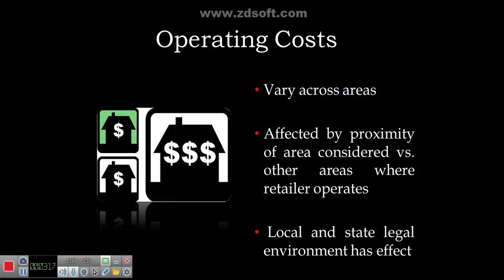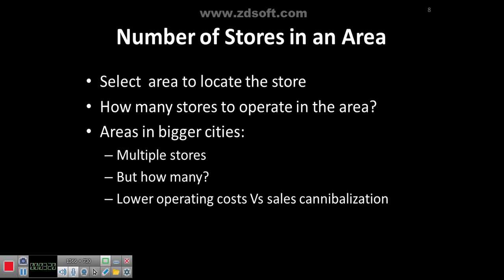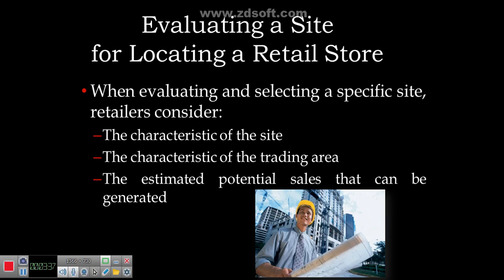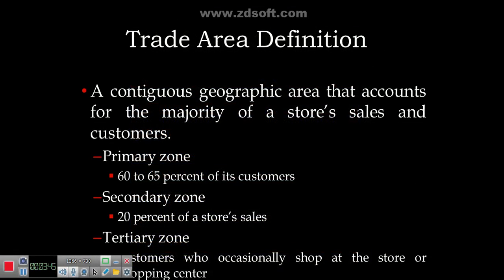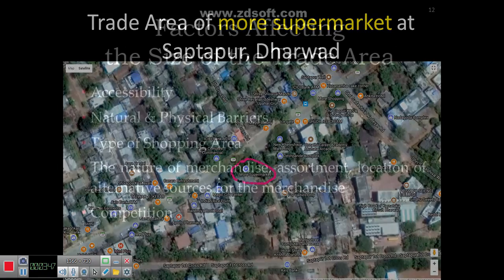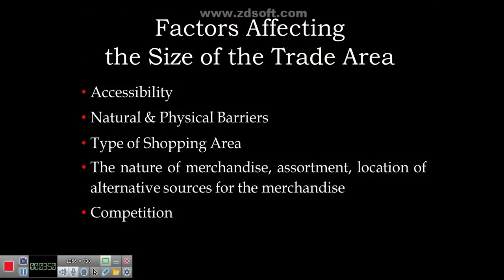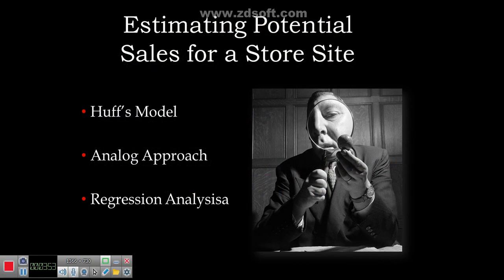Then operating costs, after which we learnt a few additional factors considered by the retail firm in evaluating the site and the trade area: the number of stores to open in an area; evaluating a site for locating a retail store, where we learnt the characteristics of a site and how they are evaluated; the trade area, its definition and the factors affecting its size; and the third part, estimating potential sales for a store site.